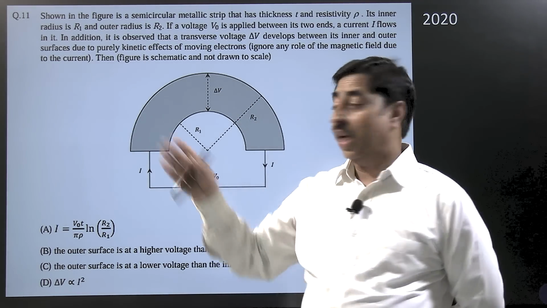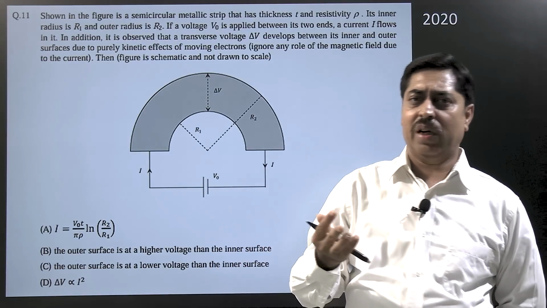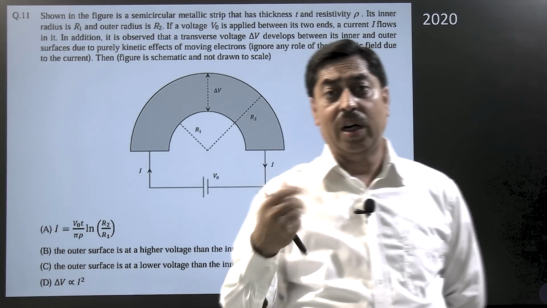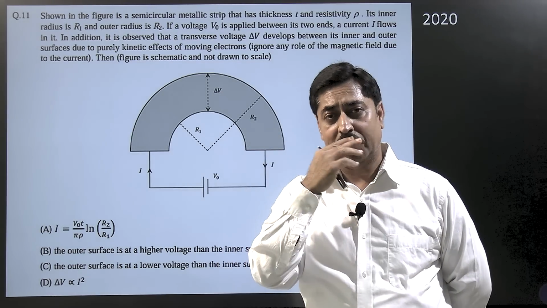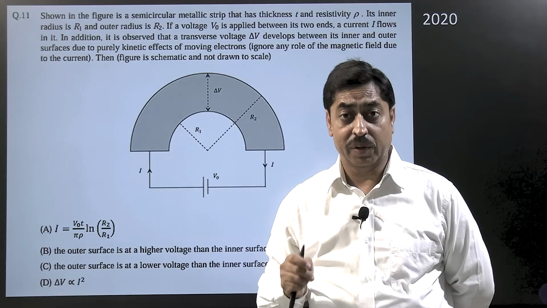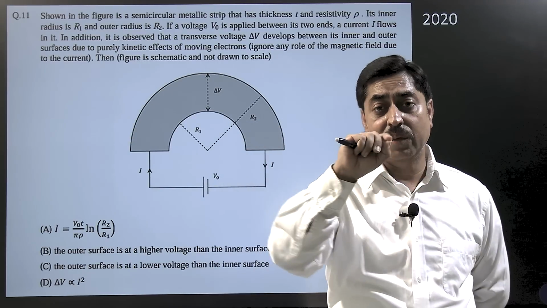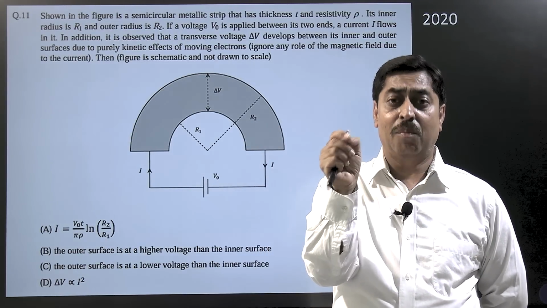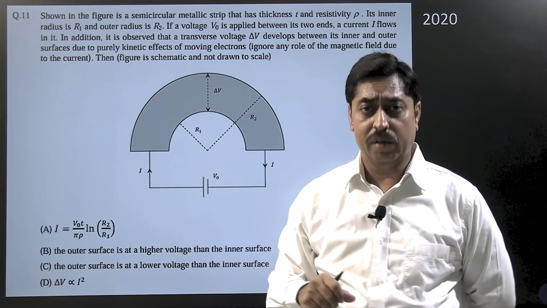Because of the kinetic effect, that means with respect to the conductor, there will be a centrifugal force acting on the electrons, and that will be responsible for creating separation of charges, and there will be a potential difference. So you want us to consider even that minute or very small effect if it is required.